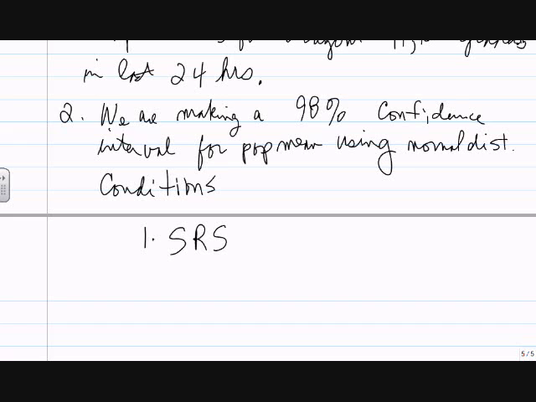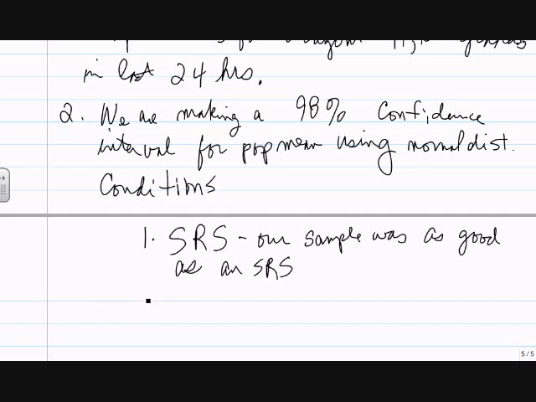But you need to learn the procedure, so let's say that our sample was as good as a simple random sample. You justify in words, not with a check mark. So our sample was as good as an SRS. We're a pretty random group.